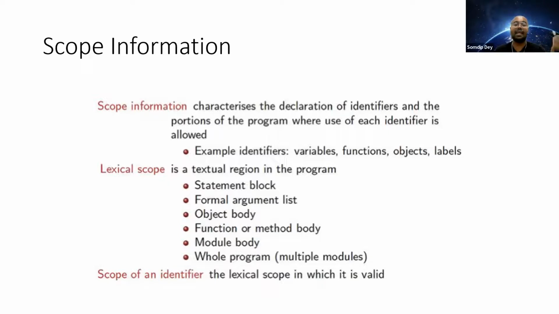So technically, lexical scope is the textual region in the whole program, which can consist of different parts, as I've already mentioned. Now, that being said, the scope of the identifier is the lexical scope in which it is valid.